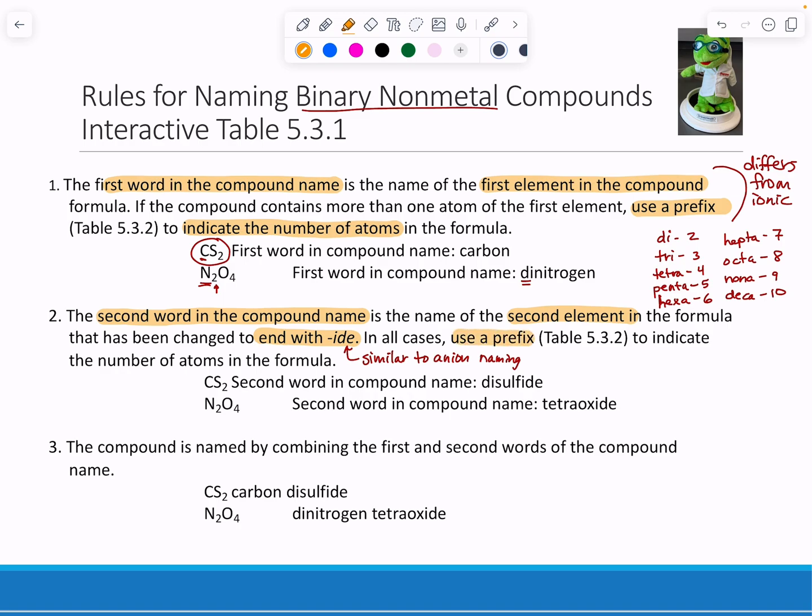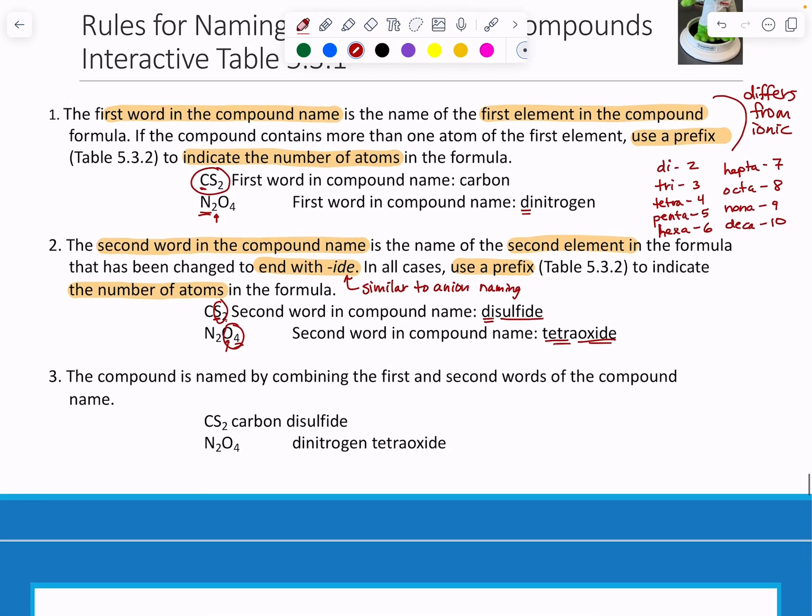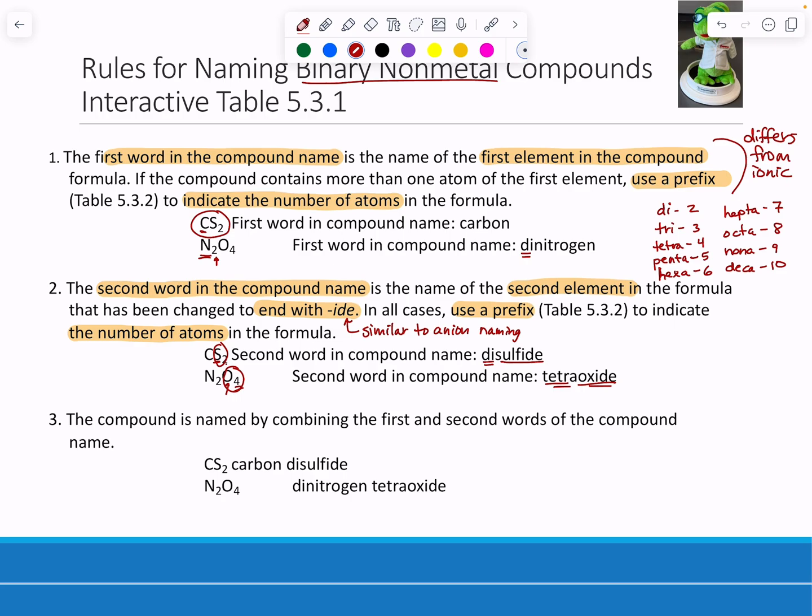In our two sample compounds, the second word is going to be sulfide for the sulfur, and because there are two there, we use the prefix di. In this one, we've got 4, tetra, and then oxygen, oxide. So the compound name is just putting those together. We have carbon disulfide and dinitrogen tetroxide.